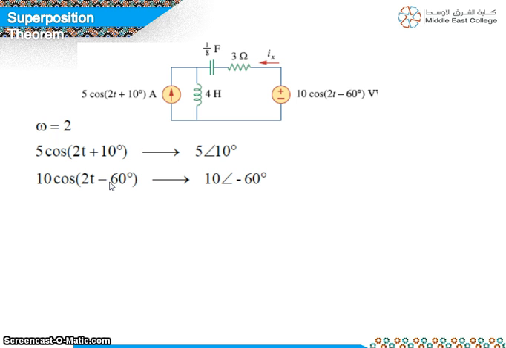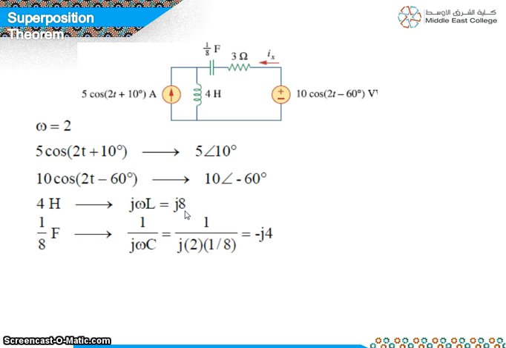Next comes our inductor and capacitor. To change the inductor into an ohm value, the formula is j omega L. Our omega is 2 and the inductor value is 4, so j into 2 into 4 gives us j8. Next, the capacitor.